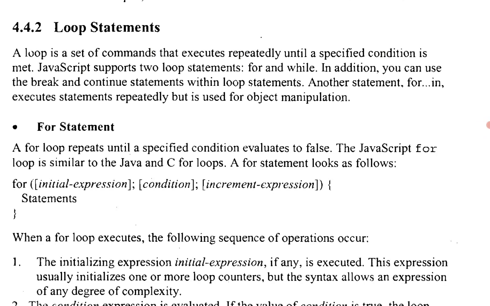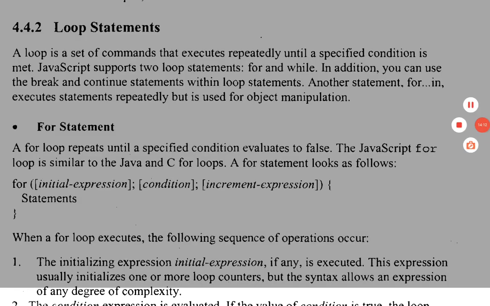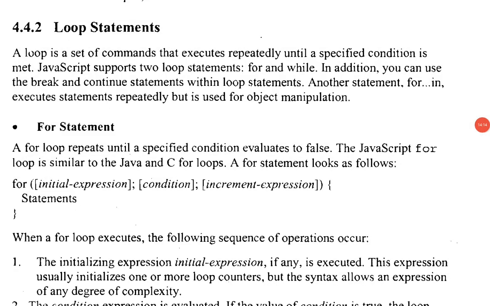So the for statement has three components. The first part is called the initialization part, the second part is called the testing part, and the third part is called the increment and decrement part.